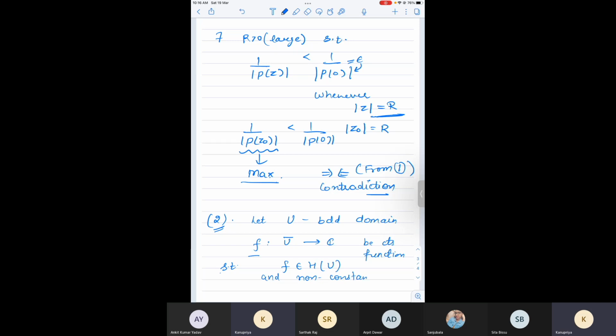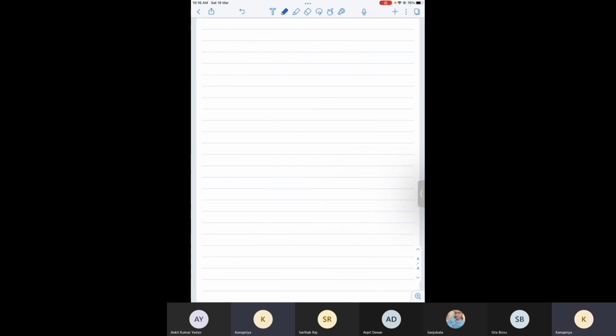These are all the assumptions on the function f. Now, what is our claim? We have to show that the maxima and minima of the real part of f and the imaginary part of f are attained at the boundary.